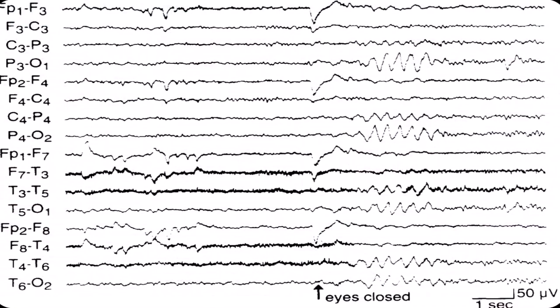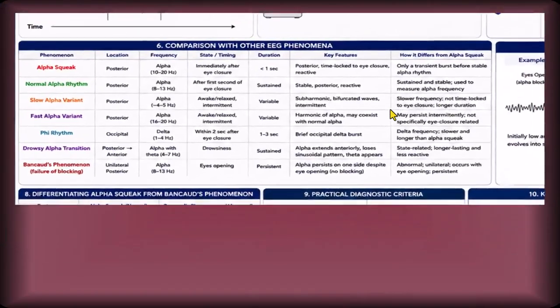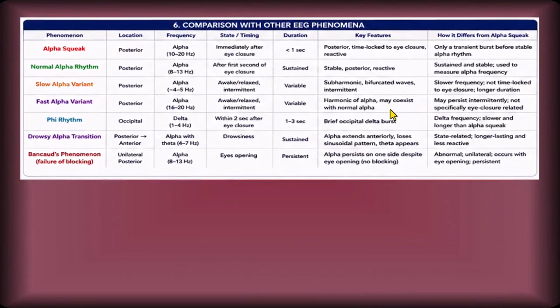However, fast alpha variants may persist intermittently, whereas alpha squeak is extremely brief and time-locked to eye closure. Phi rhythm is a brief occipital delta phenomenon occurring within 2 seconds after eye closure, but unlike alpha squeak, it is much slower in frequency. Drowsy alpha transition differs because it is state-related, more diffuse, longer-lasting, and associated with drowsiness.